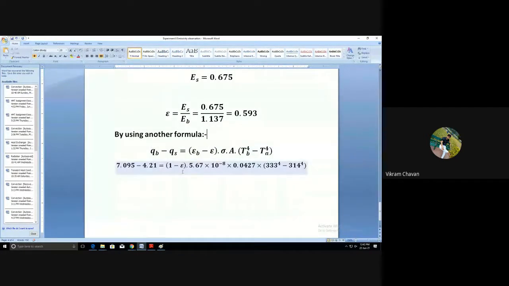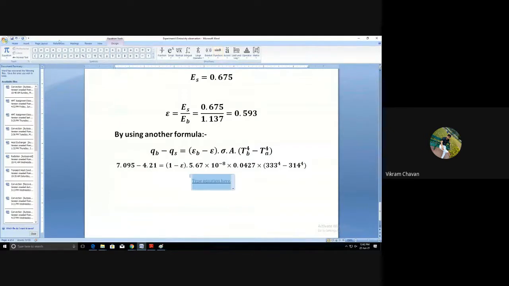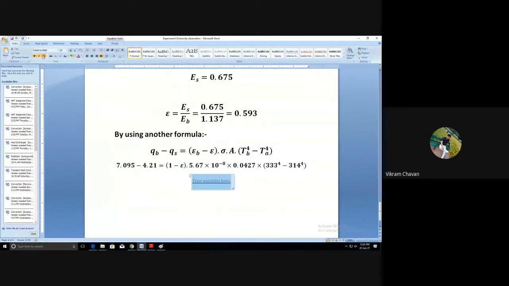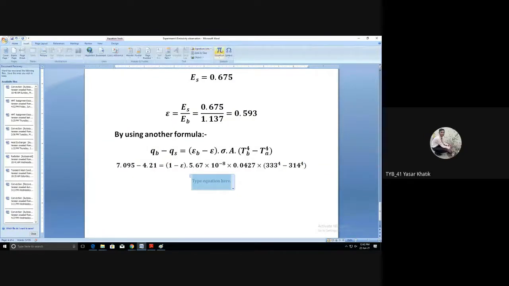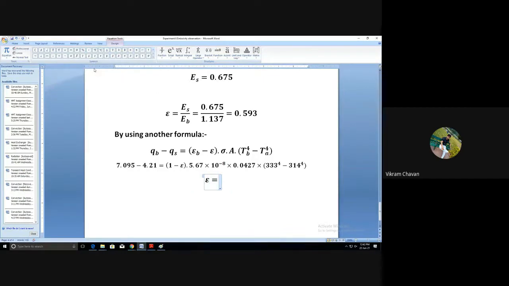Now you have to calculate the emissivity for the gray body by using another formula. 0.729. Okay, 0.729, right? Yes, sir.